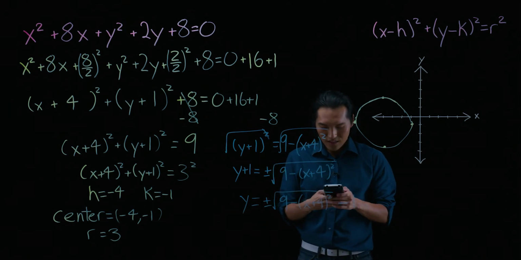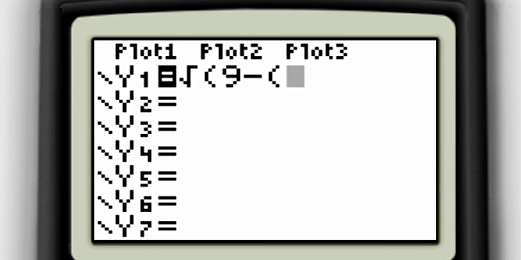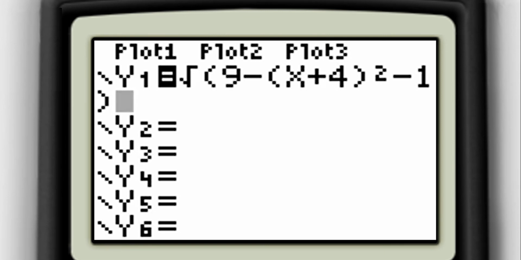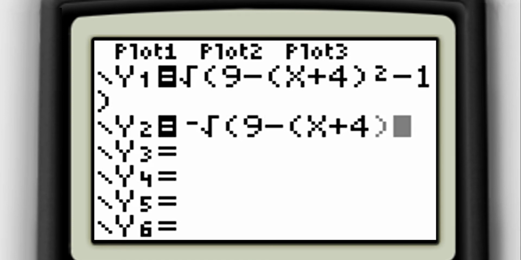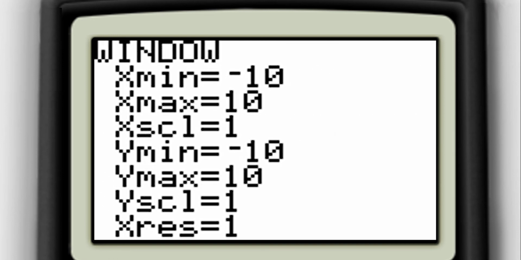So we can plug in a positive version of it, do the square root of 9 minus (x + 4)², all of that minus 1, and then repeat the same thing, but now with a negative symbol in front. So it would be negative square root of 9 minus (x + 4)², all of that minus 1.